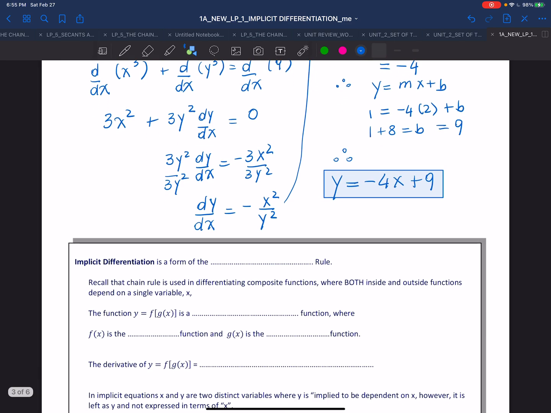Now, as we mentioned, implicit differentiation, we're going to do a summary of all we've said so far because we are moving on to some more challenging implicit equations. So remember that implicit differentiation is simply a form of the chain rule.